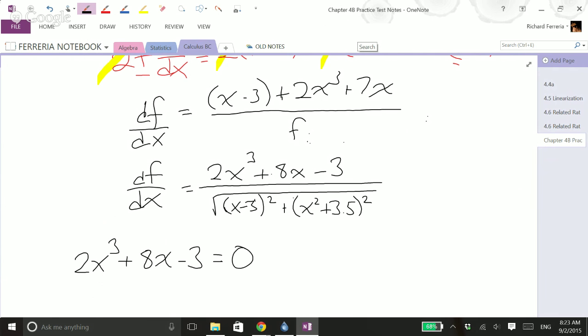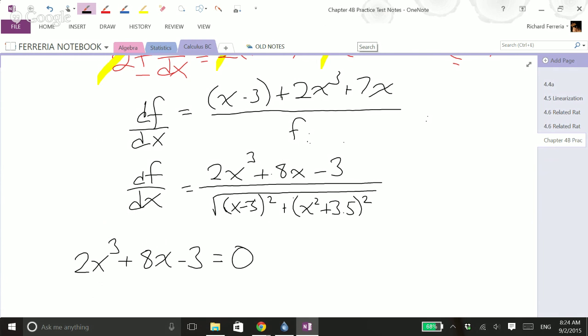Well, interesting. The denominator. You could just set the derivative equal to 0, but it's actually easier if you dissect it into parts because the derivative won't be equal to 0 unless the numerator is equal to 0.